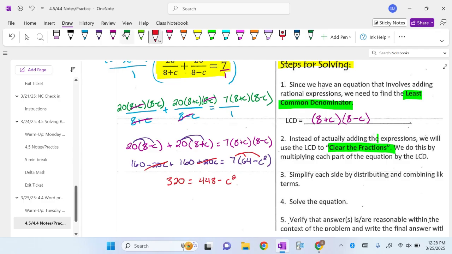Yeah, we're not going to do that. Shoot. How do I want to play this? Nah, we'll do it. Okay, so this will be 448 minus 7C squared. There's a couple of different methods you can use to solve this. I was just kind of second guessing myself.